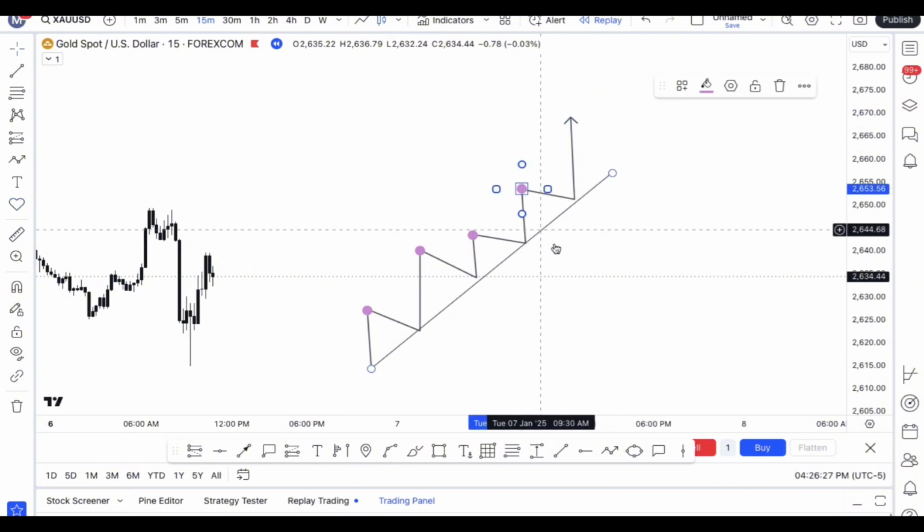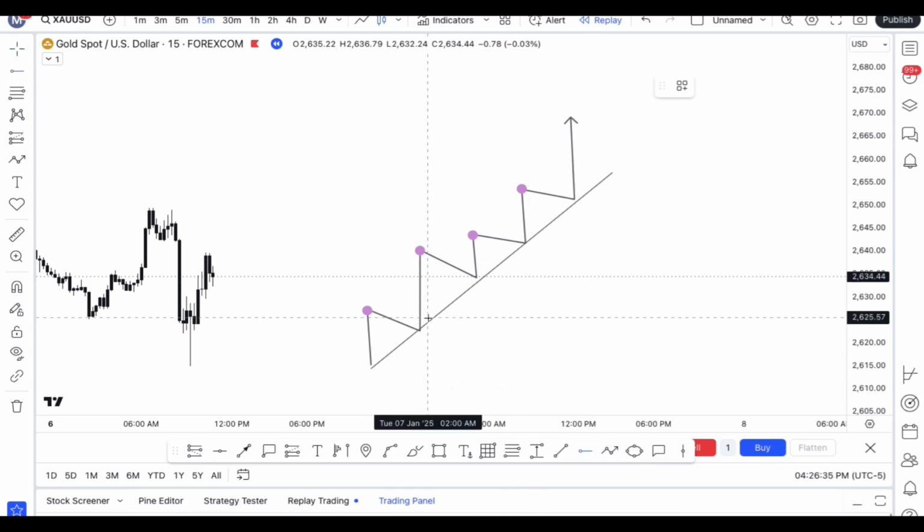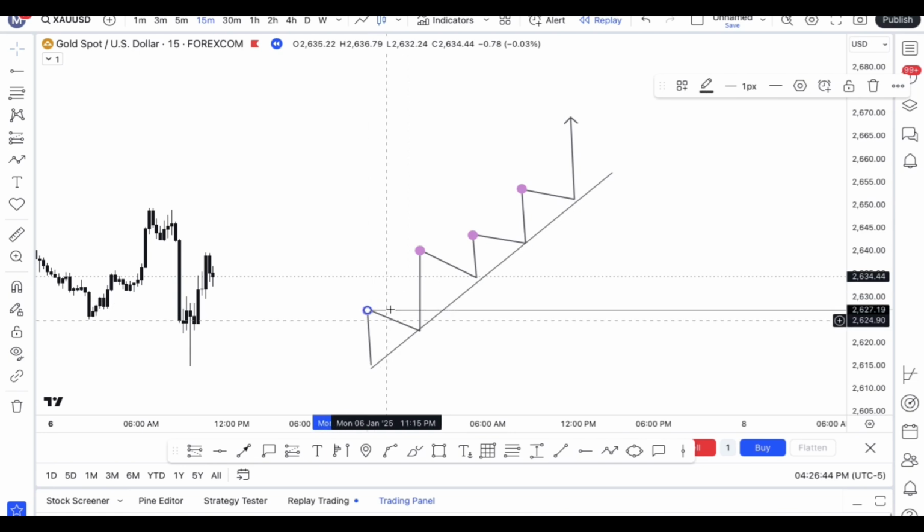So when we are looking at structure like this, I want you guys to think in your head, highs need to be broken. So when I say this, I want you to think, okay, we have this high point here. In order for price to continue making this bullish structure, as we call it, we need high points to be broken.